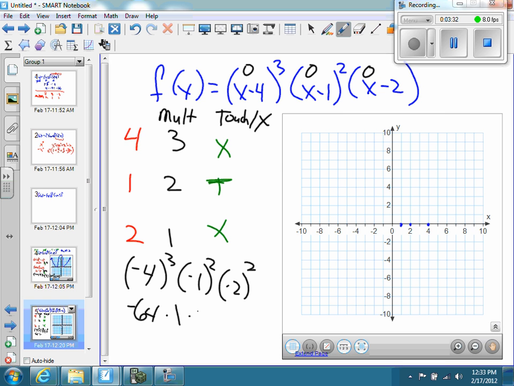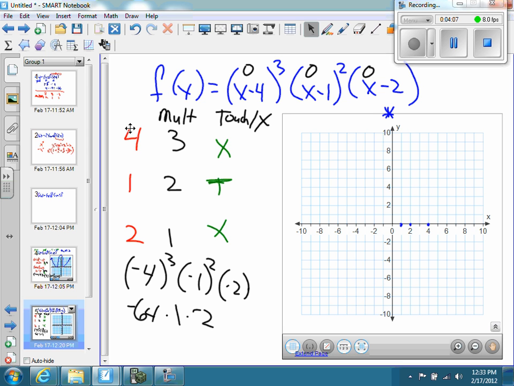It's not -2 squared, it's just -2. Thank you, good catch. So -64 times -2 is positive 128. So I have a y-intercept somewhere way up in the stratosphere. Okay?